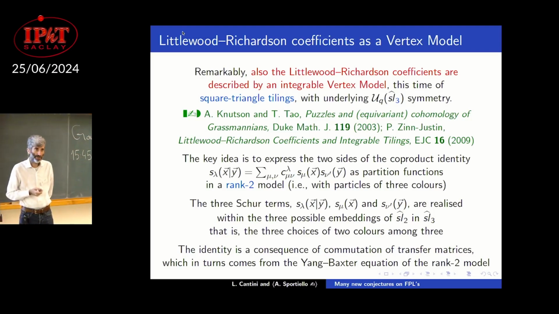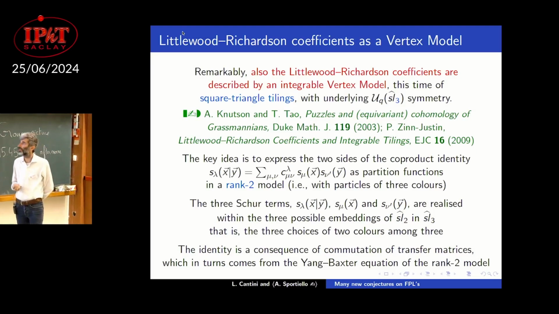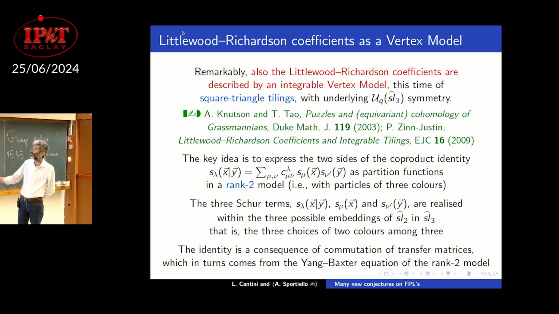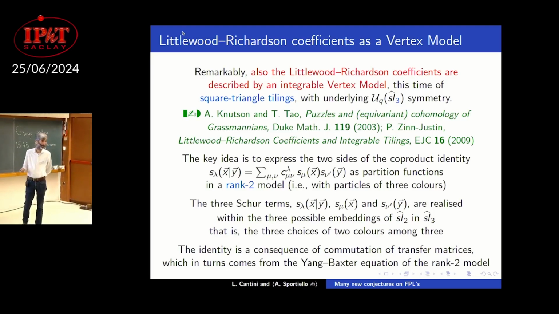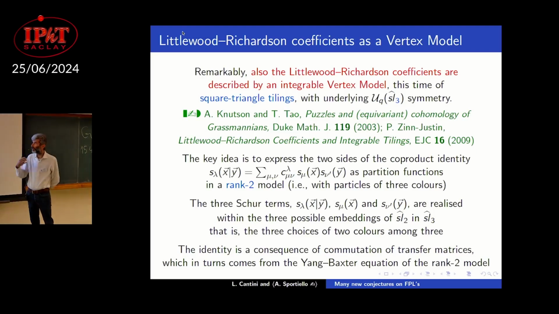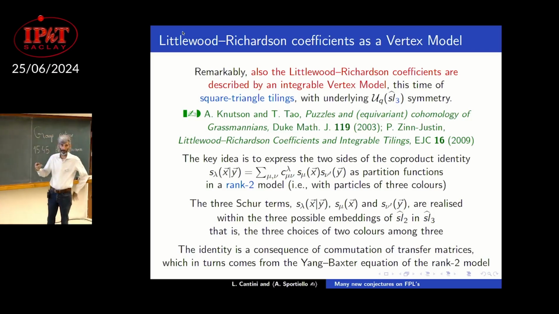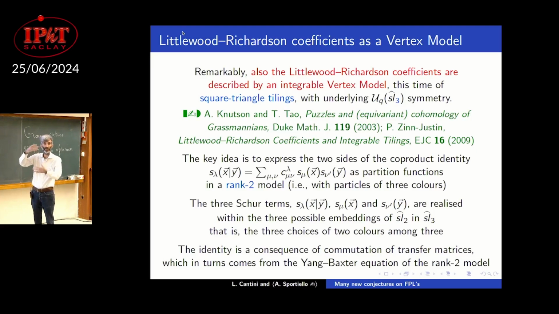and they have been identified in retrospect to be the Littlewood-Richardson coefficients, because if you look at the way in which the Littlewood-Richardson coefficients may appear, you can identify this equation as being a consequence of Yang-Baxter on a suitable domain, in which the two terms of the equation are realized by taking a certain sequence of transfer matrices and then making them commute.